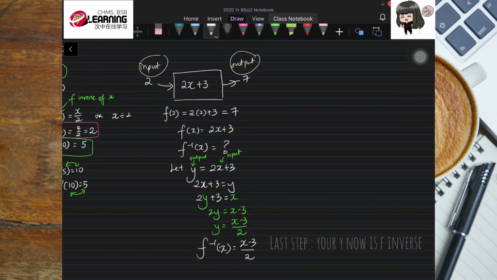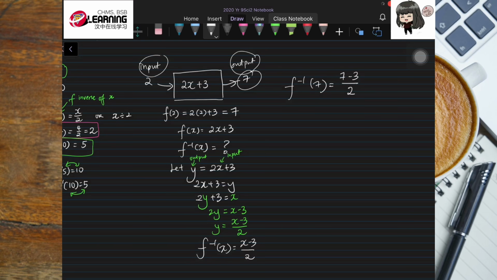To prove that, look at the function machine again. Now our inverse becomes (x minus 3) over 2. So if you put your output into your f inverse, 7 minus 3 over 2 becomes 4 over 2, which is 2.